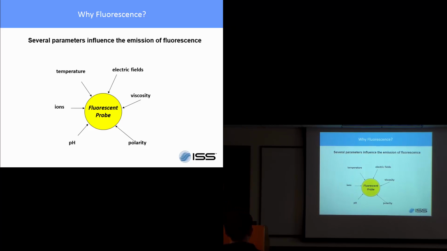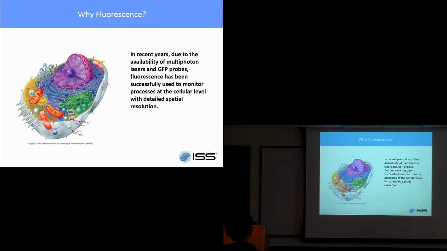So we can use these facts to understand better what's happening in a specific problem that we're trying to tackle. And of course, in the past 10 years, with the use of confocal microscopes.